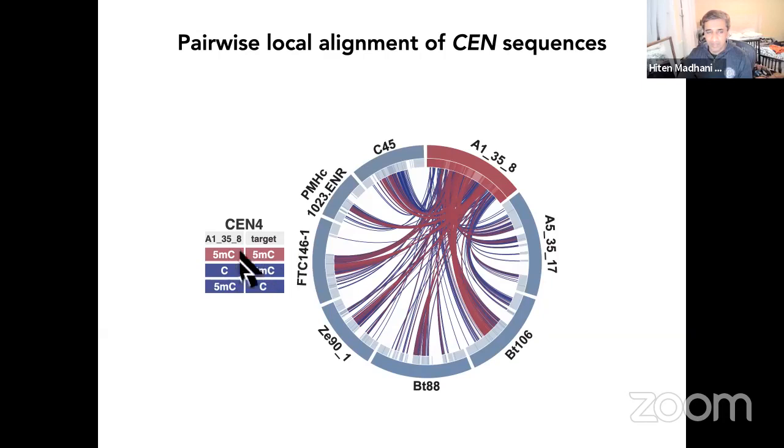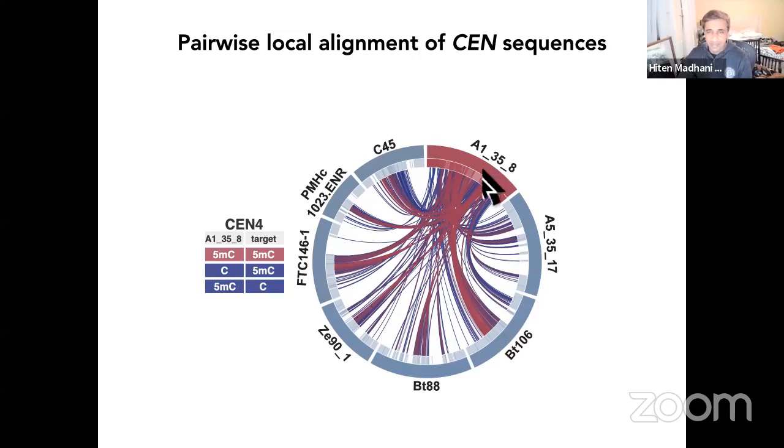And then color-coded are the lines that show whether methylation is conserved. So we have to find regions that can be aligned between centromeres and look at conservation of cytosine methylation. The reason why we have to do this analysis this particular way is that centromeres, because they're repetitive, evolve quickly, and they're impossible to align end-to-end across these different species or isolates. And so we were left with doing local alignment of both DNA and DNA methylation patterns.